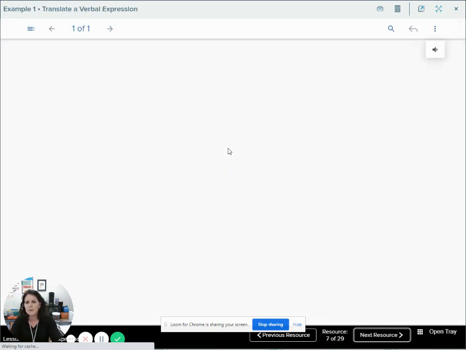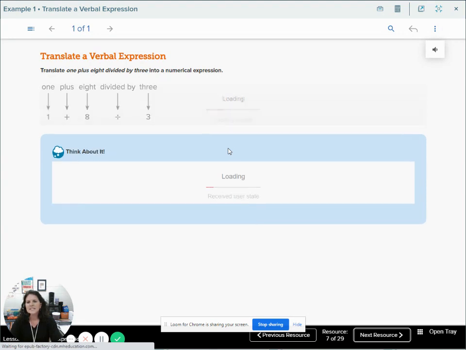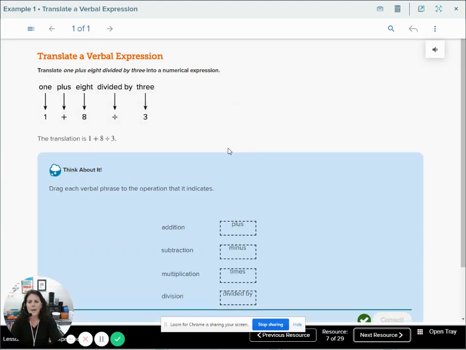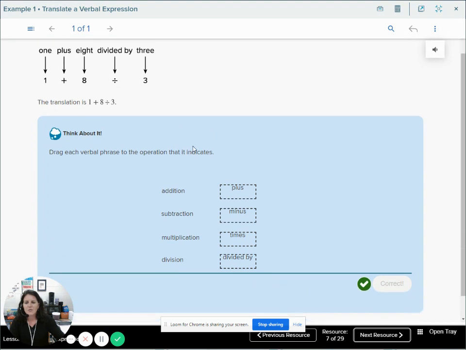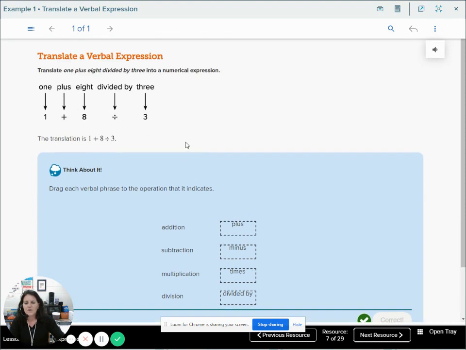So let's try a problem here. It says translate 1 plus 8 divided by 3 into a numerical expression. We know that plus is the add sign. Divided by is just our division sign, and it's divided by 3. Now, if we think about it, we've got to think back to algebra or 8th grade math.